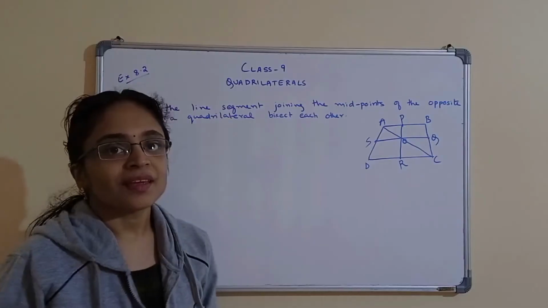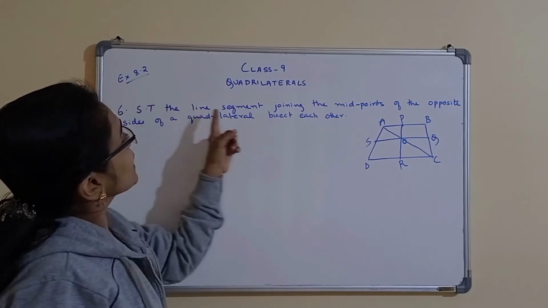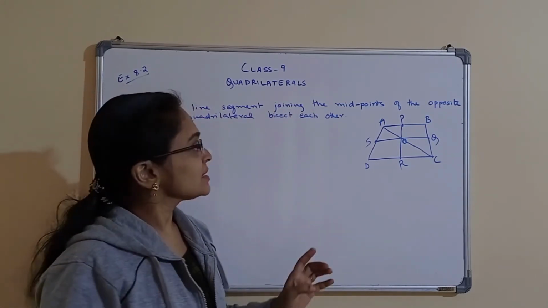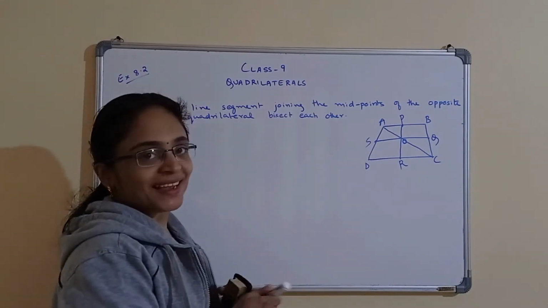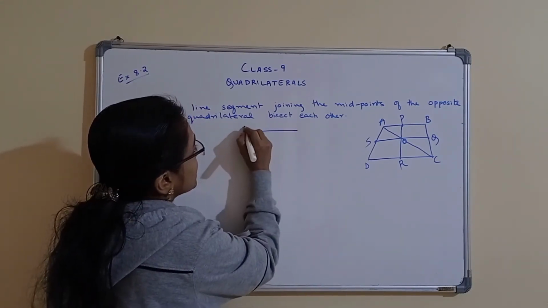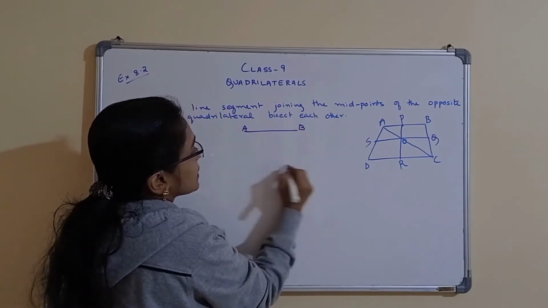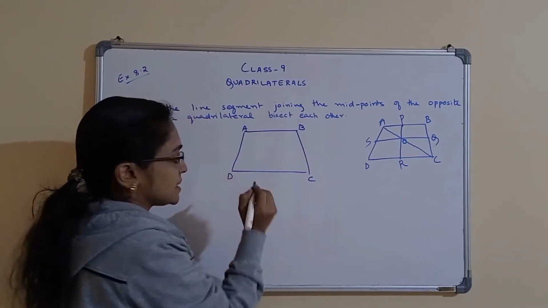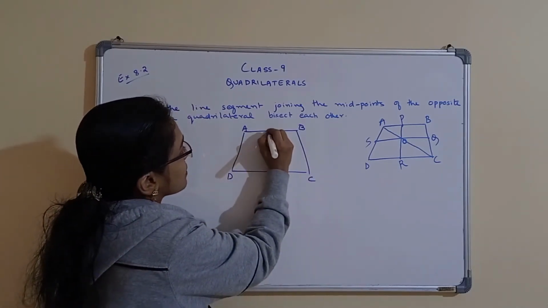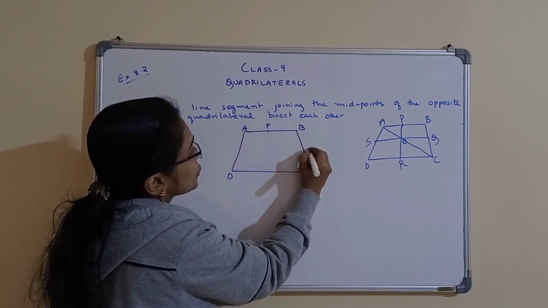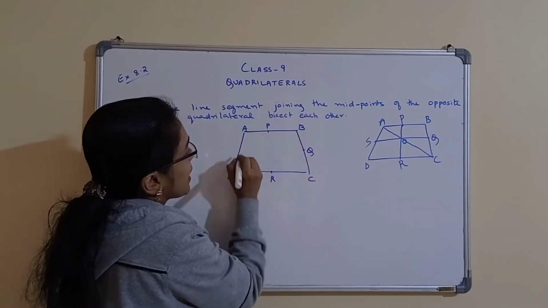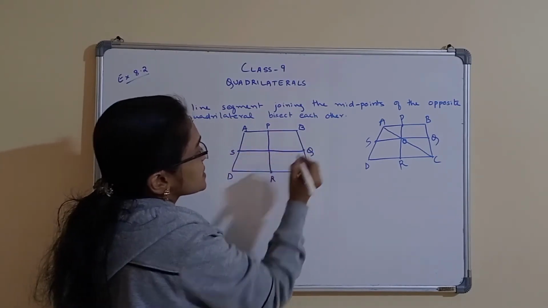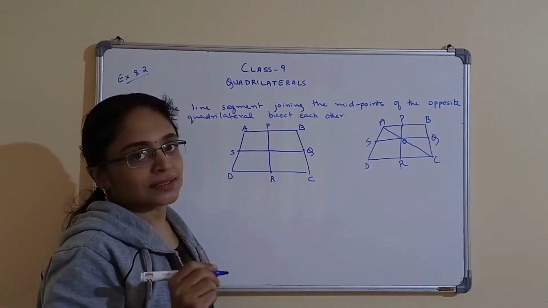Okay, understood? Next question is, show that the line segments joining the midpoints of the opposite sides of a quadrilateral bisect each other. Let us draw this again. I have drawn a quadrilateral ABCD, and midpoints are P, Q, R and S. We have to show that these two line segments bisect each other.